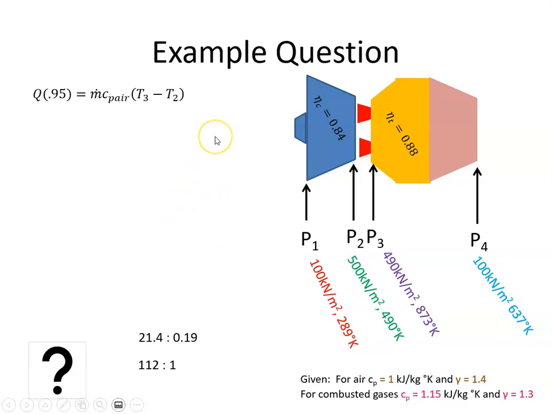The change in energy here is going to be equal to M times CP air, T3 minus T2. Okay. So the air came in at a particular temperature, T2, and it was increased to T3. So how did that temperature increase? Well, it was given some energy by burning of fuel. But the fuel that we burnt was done at an efficiency of 95%.